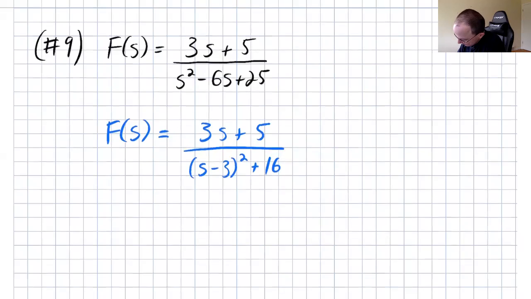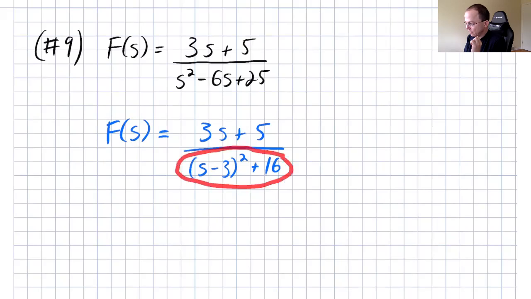And now we see this s minus 3 term here, and that makes us think maybe we can use the translation rule to help us. Now, the important thing is, we can see from the denominator that this is going to be like a cosine 4t, and it'll be a sine 4t as well.